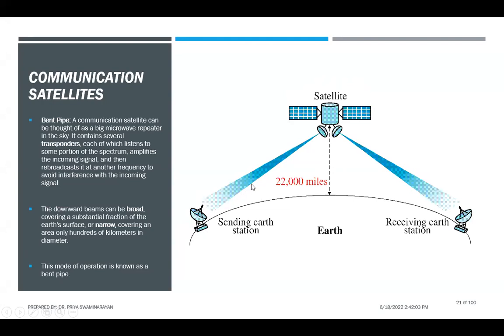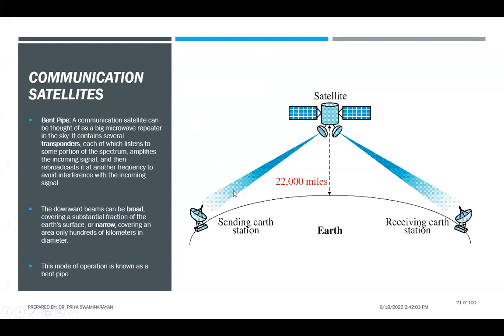After traveling this much distance, the signal becomes weak, and that weaker signal is received by the transponder. Inside this transponder, a repeater is used for the regeneration of the signal. After receiving the weaker signal, the transponder regenerates it and changes its frequency, because in a satellite two types of frequency sets are used.